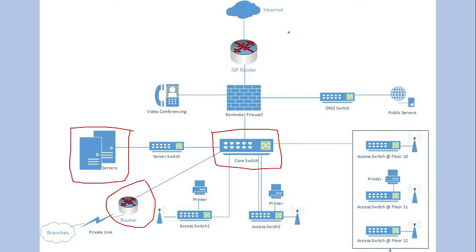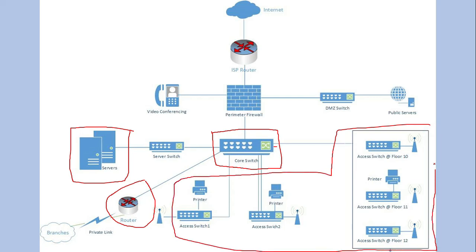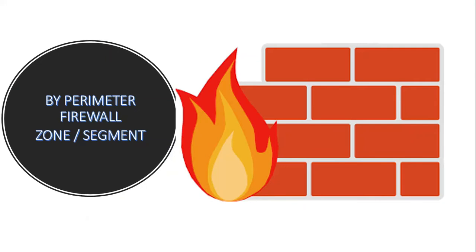So here you can see that this core switch interconnects most of the segments together. Basically, there are four: server farm, firewall, branches, and also the user segment. This user segment can be on different subnets or different VLANs. We interpret it from the angle of the core switch.